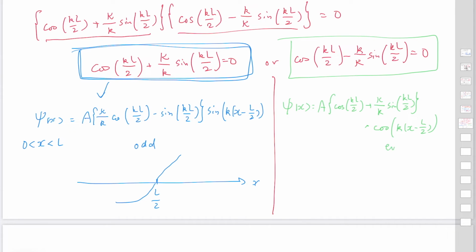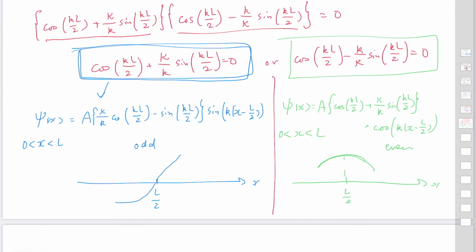So this is the even function, for x between 0 and L. So in this situation, the wave functions are even about L over 2. Okay, we have this situation.